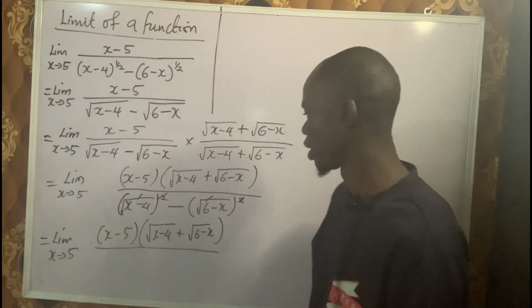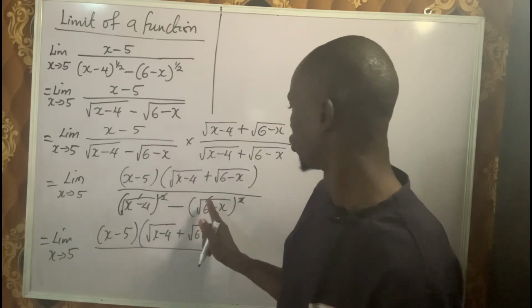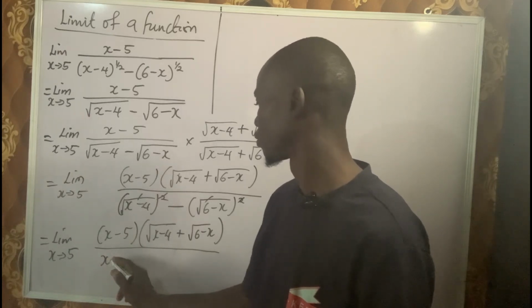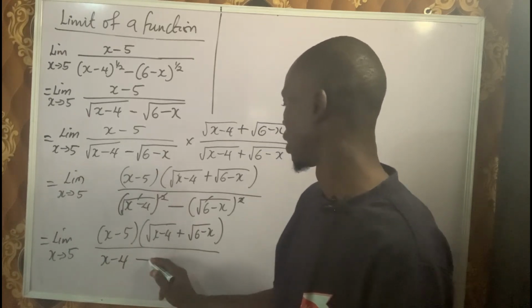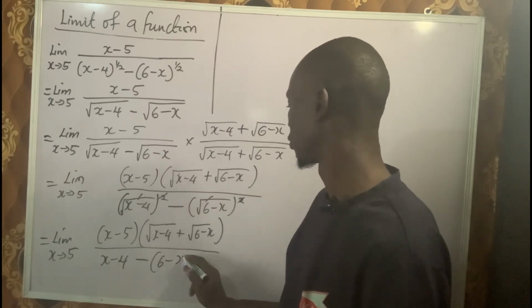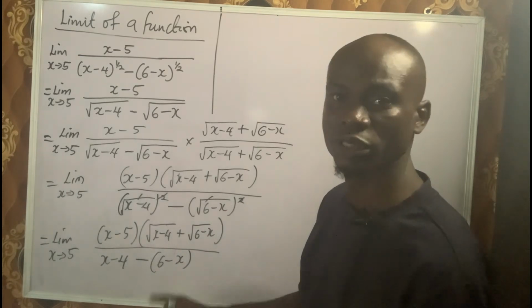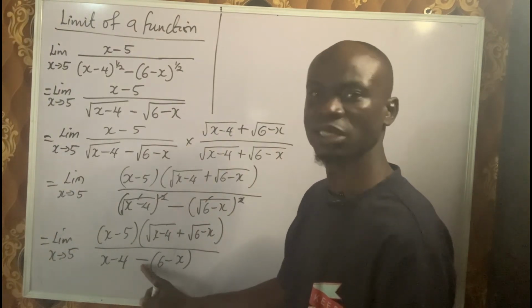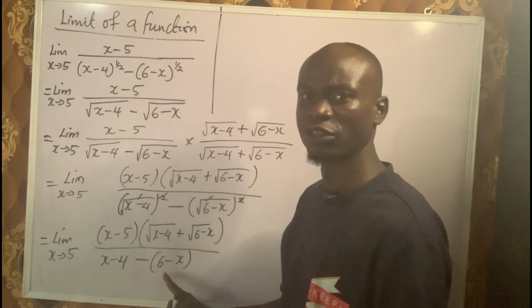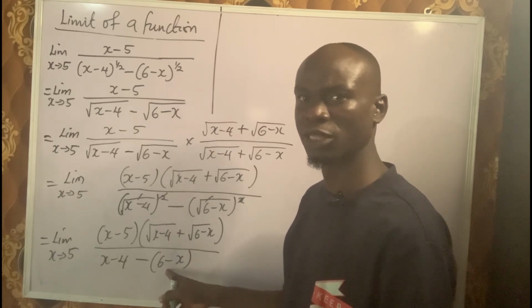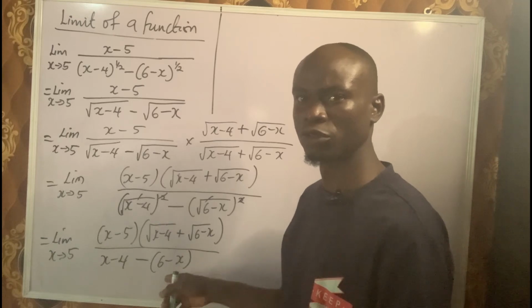At the denominator, what is remaining here now is x minus 4 minus (6 minus x). If you notice, I'm careful to put the term after the minus sign in brackets, because if I don't do that, the effect of the minus will not reflect in my solving, and that will cause us to get the question wrong.